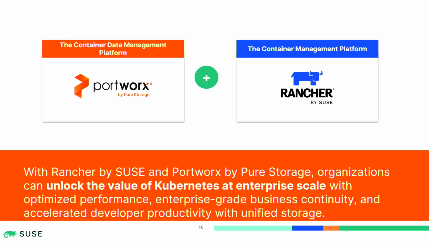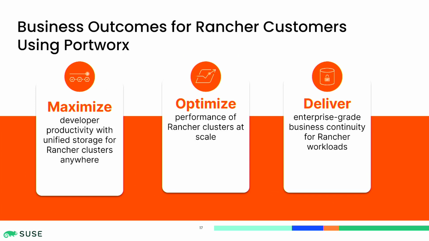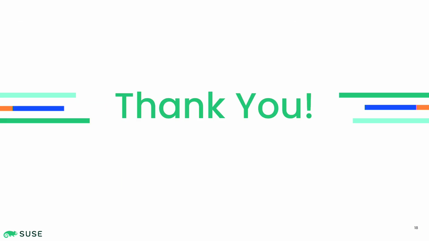Is this something which happens quickly in a Kubernetes-native way, or is this something which might take longer? And yeah, the outcomes for our customers are maximizing this productivity, optimizing the performance at scale, that's important, and delivering this enterprise-grade business continuity for all your workloads, not only Rancher, especially all of them.